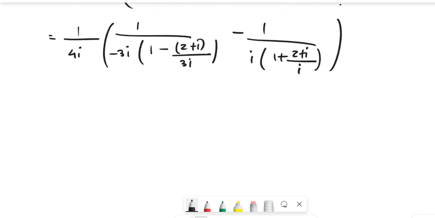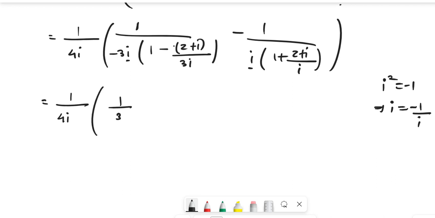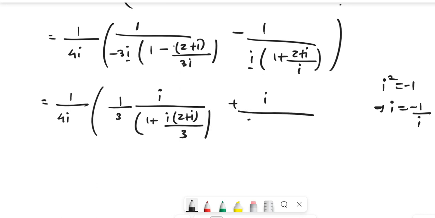Further simplifying, as we know that i square is equal to negative 1, we can write 1 upon i as negative i. So this can be written as 1 upon 4i times 1 over 3, that is i over 1 plus i times z plus i over 3, and here will be plus i over 1 minus i times z plus i.